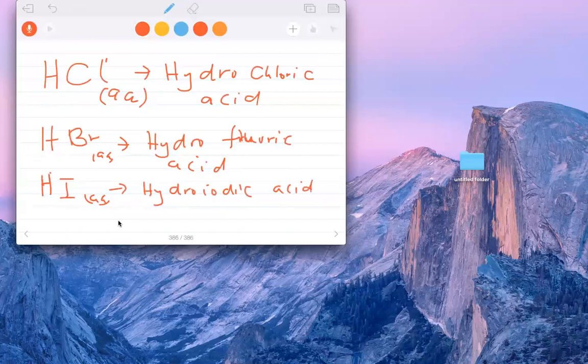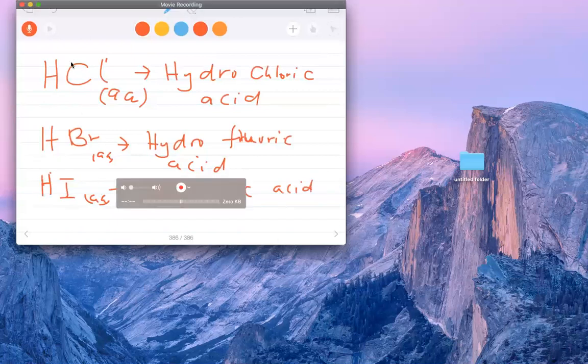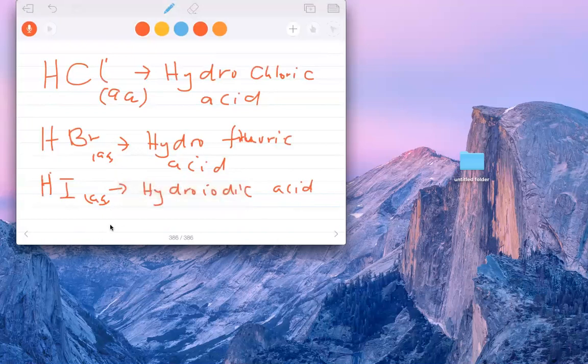acid. Hydroiodic acid. One thing I want to point out here in binary acid is, if you look at all these acids, they have two elements, two nonmetals, and they have a physical state. This is hydrobromic. Yes, hydrobromic. Thank you, Chelsea. My brain is on overdrive.